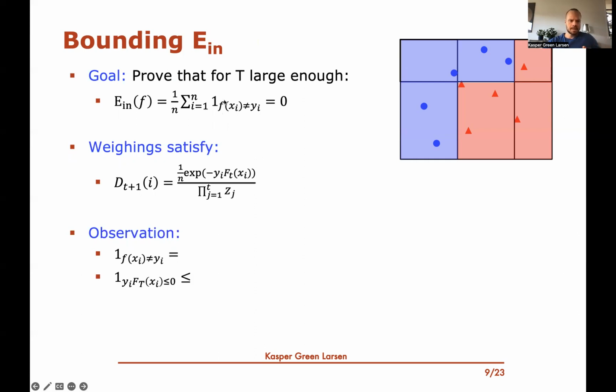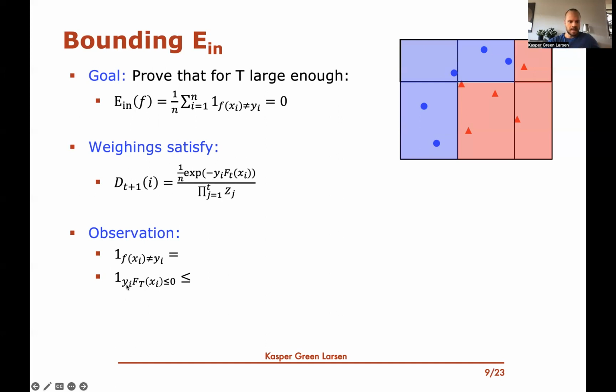So what we know is that the final f here is going to take the sign of capital ft of xi, and that's the estimate it's going to return. Now, for this to be wrong, it must be the case that if I take the label yi and multiply it onto this prediction, then I'm going to get something that's negative, or non-positive at least.